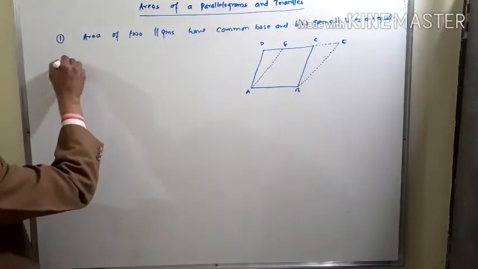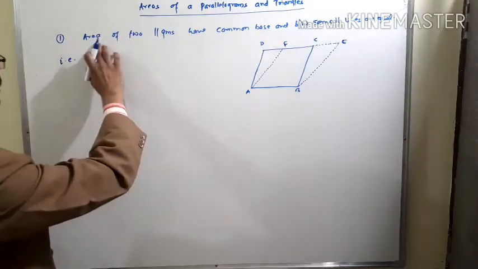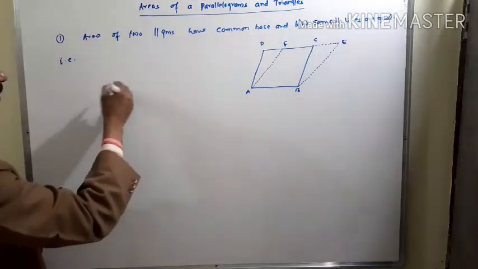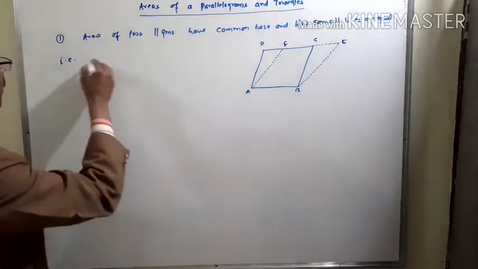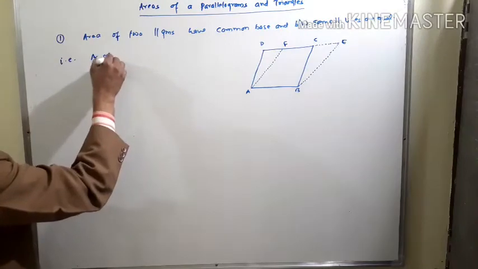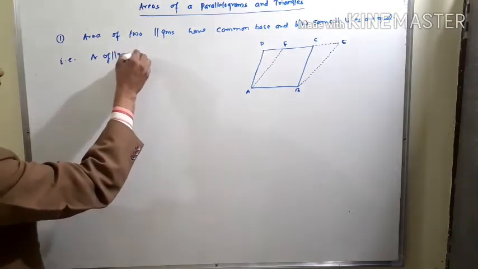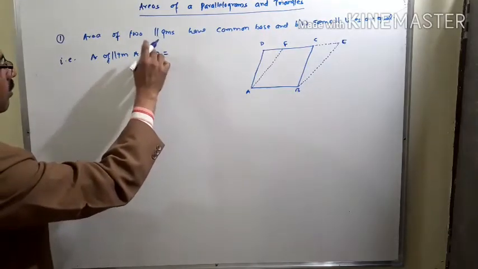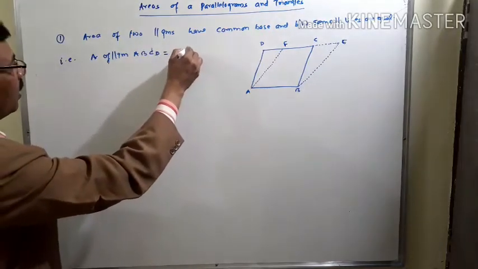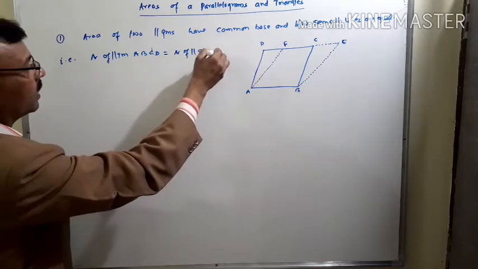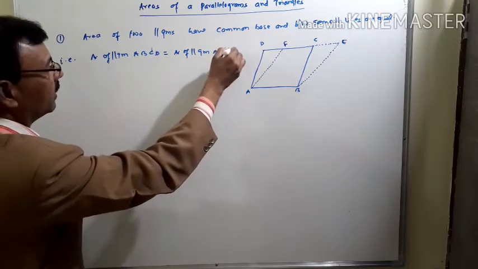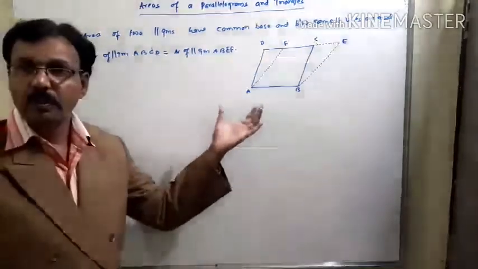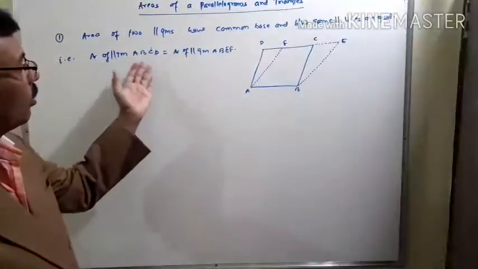That is, to write this concept simply, according to this figure, area of parallelogram ABCD is equal to area of parallelogram ABEF. Now we will see how to prove it.